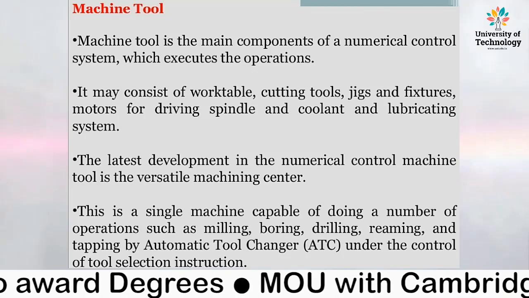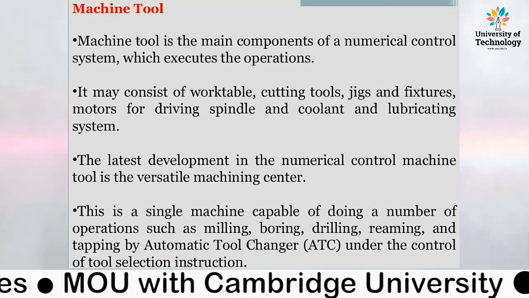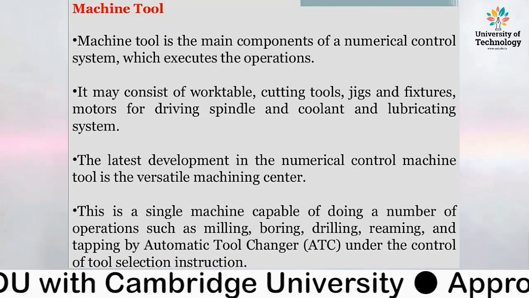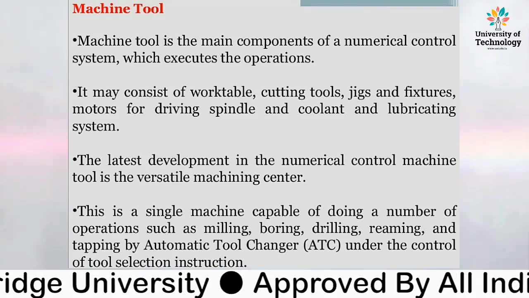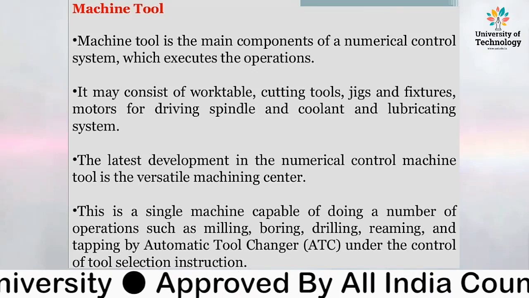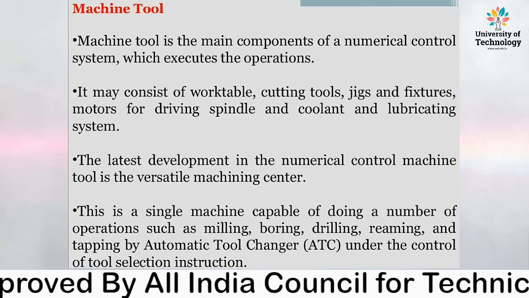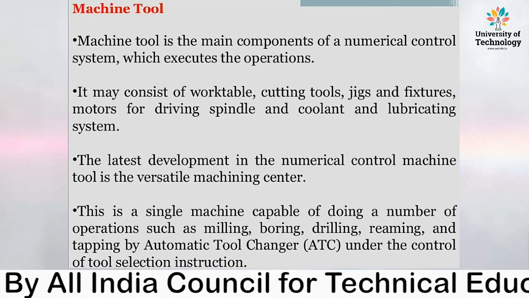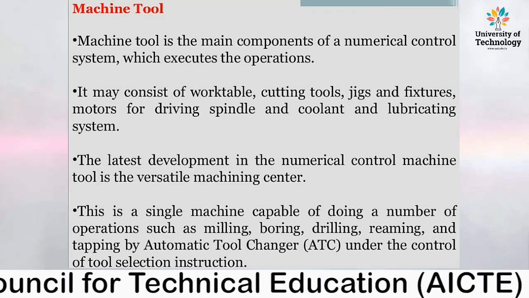The latest development in numerical control machine tools is the versatile machining center. This is a single machine capable of doing a number of operations such as milling, boring, drilling, reaming, and tapping by automatic tool changer under the control of tool selection instructions.